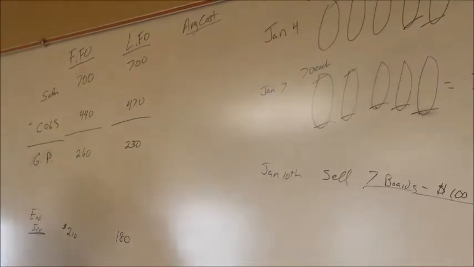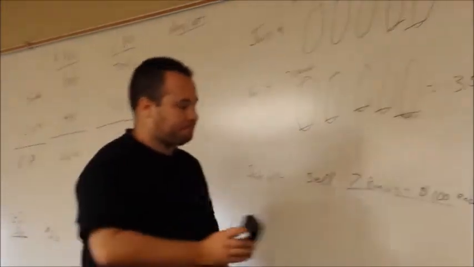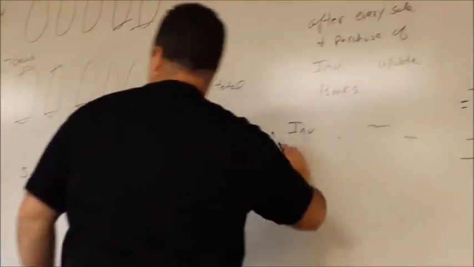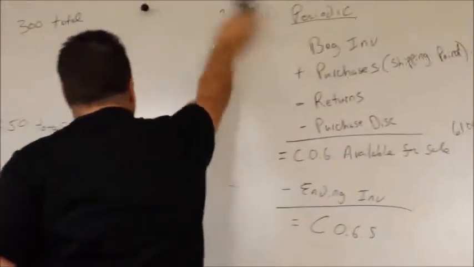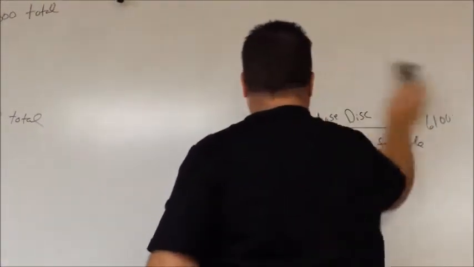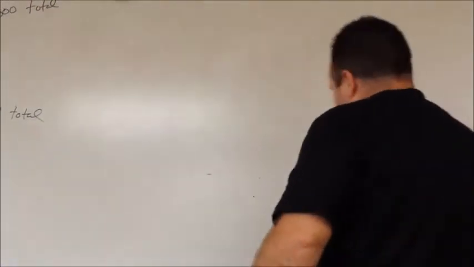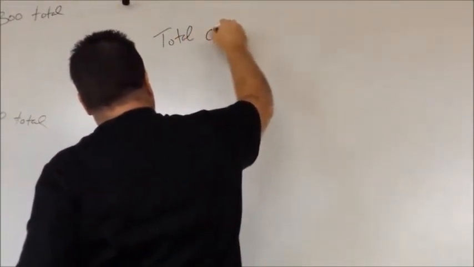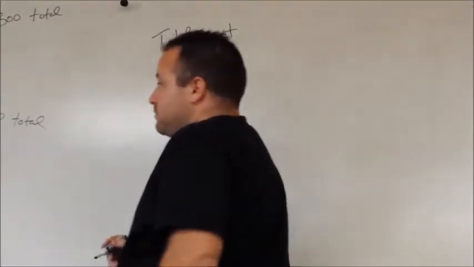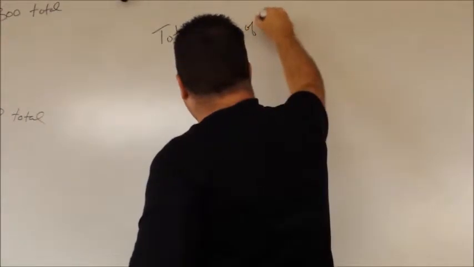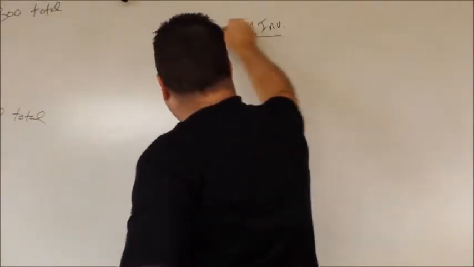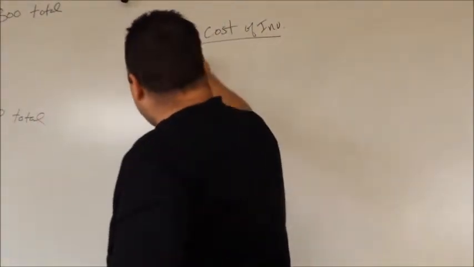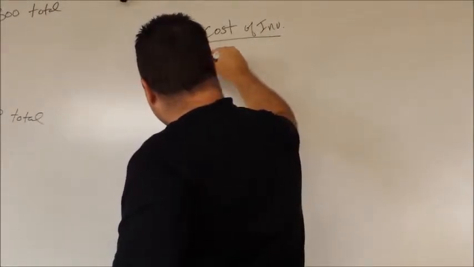The last way, average cost. To get average cost, we use a formula. Not hard. All you need to do is take your total cost, how much you have spent, total cost of inventory, and divide it by your total number of units.